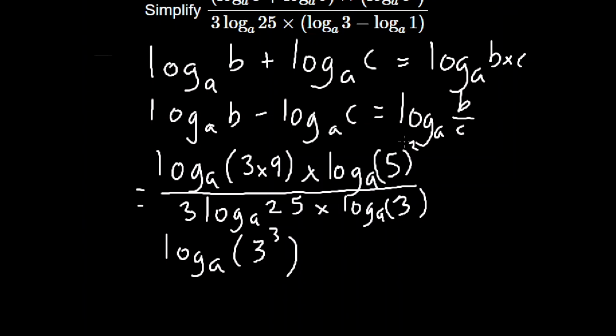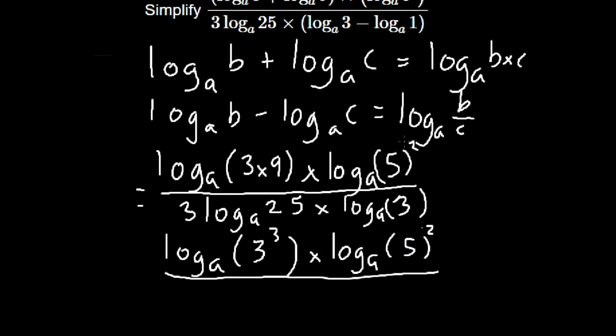But 27 is 3 times 3 times 3, so I'm going to leave it like that for now. And I'm also going to write just the 5 squared, okay? And if we all divide by that, I'm going to move things over to make this easier. And we've got a 3 out the front, and then we times by this log a 25.